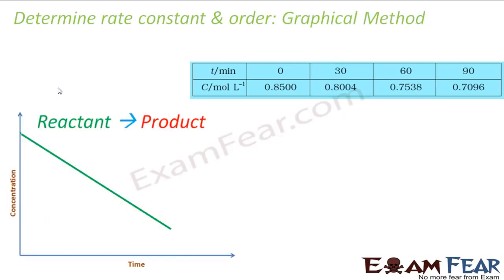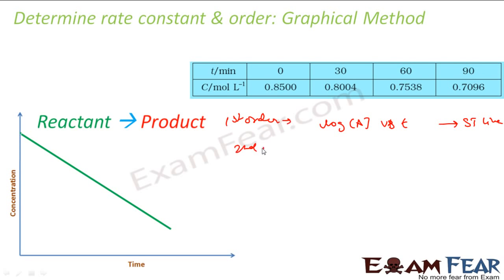The next is the graphical method. We know that if log of A versus t is a straight line, that means it is a first order equation. This is something which we have studied.